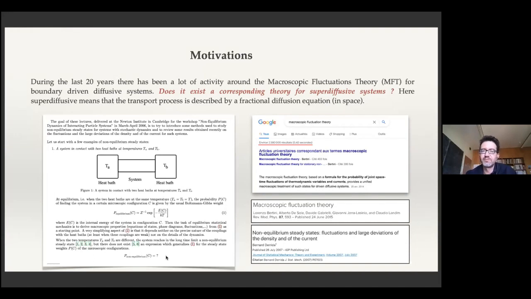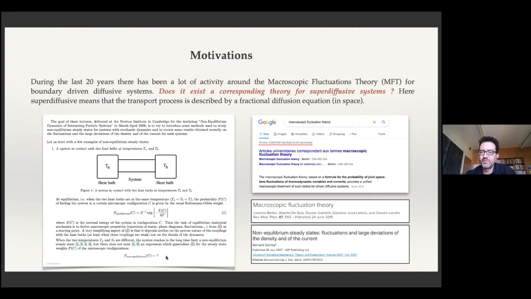And so the motivation is the following. This macroscopic fluctuation theory has been developed for diffusive systems, systems in which in the bulk the diffusion of energy or of particles is described by a diffusion equation. Now, the question is: can you develop a similar theory in the case where you have superdiffusion?